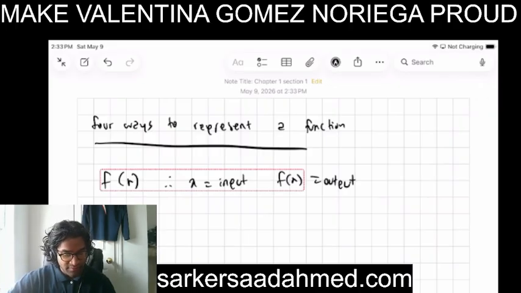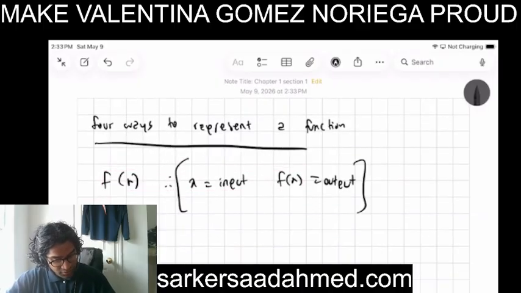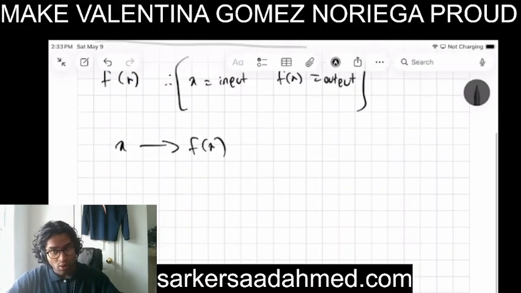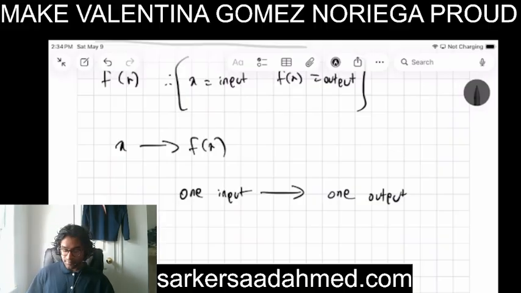So you're going to have an input and an output, and you're going to have one-to-one, meaning one input, one output. Do not jump yet. I know some people will say multiple inputs, one output, but do not jump yet. It's a first year maths course.